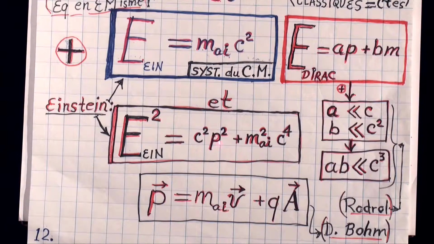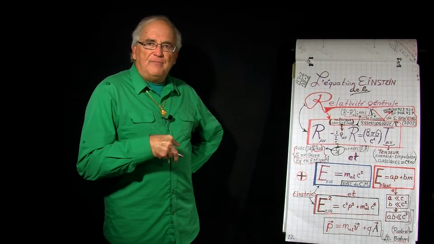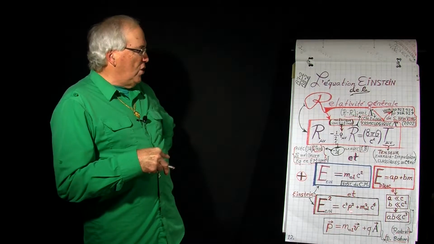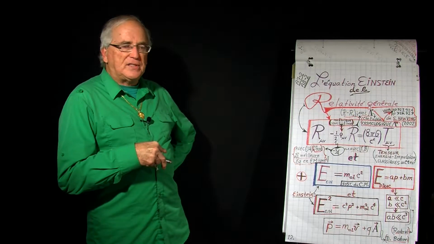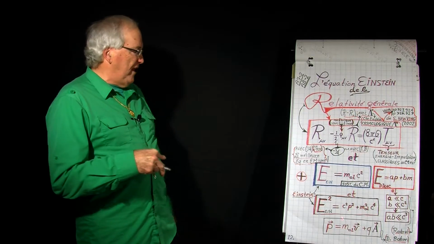So Cp, this is the impulse and the speed of light. In other words, on top of the energy of mass, mc squared, you have an energy of impulse because a mass is moving, for instance.